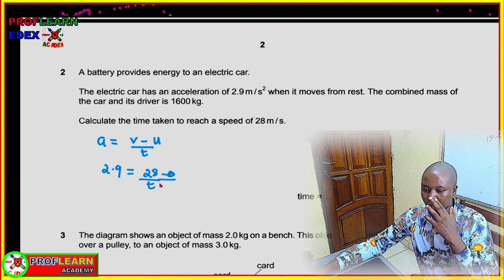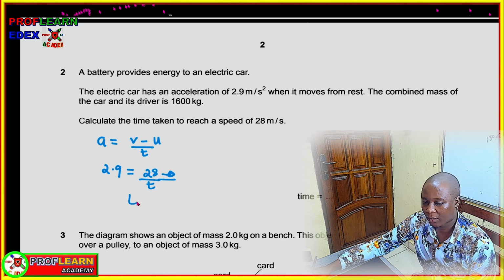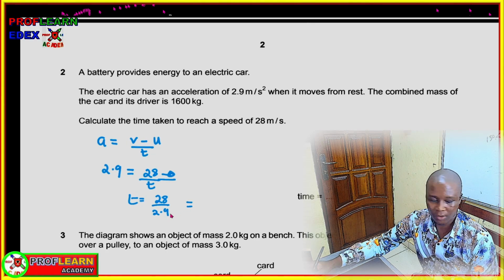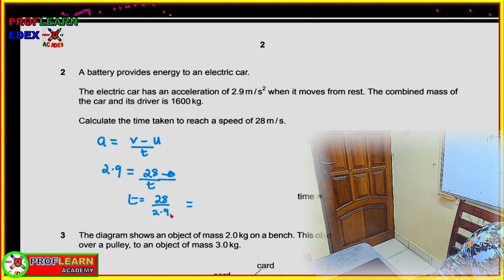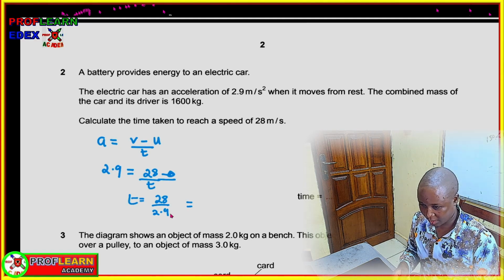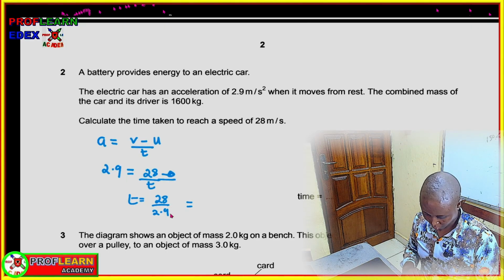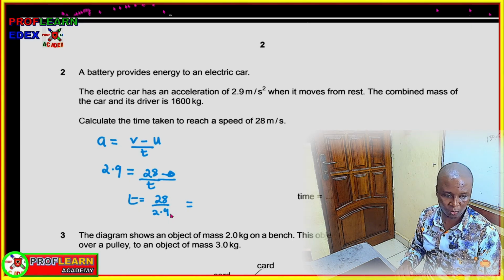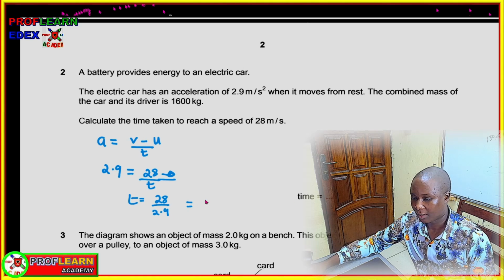If we make t the subject, we shall have 28 divided by 2.9. Plugging that into the calculator, we get 9.7 seconds.